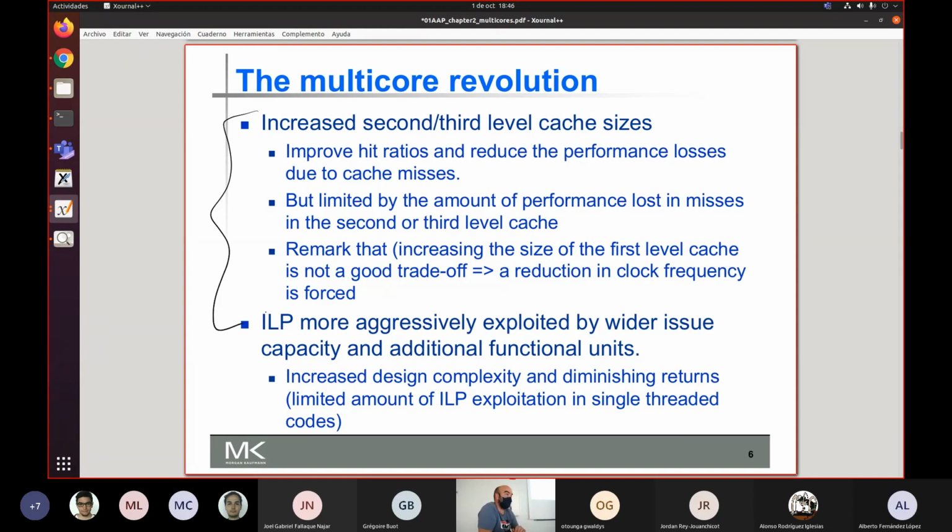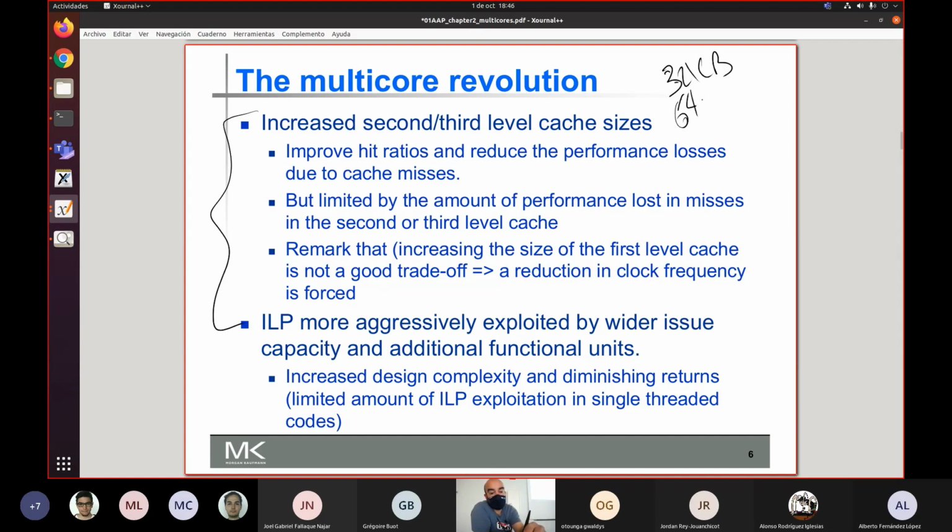Something that you are going to notice is that the first level cache doesn't become bigger in every family. It's usually something like 32 kilobytes. There are some with 64 kilobytes, and there is a reason for that.